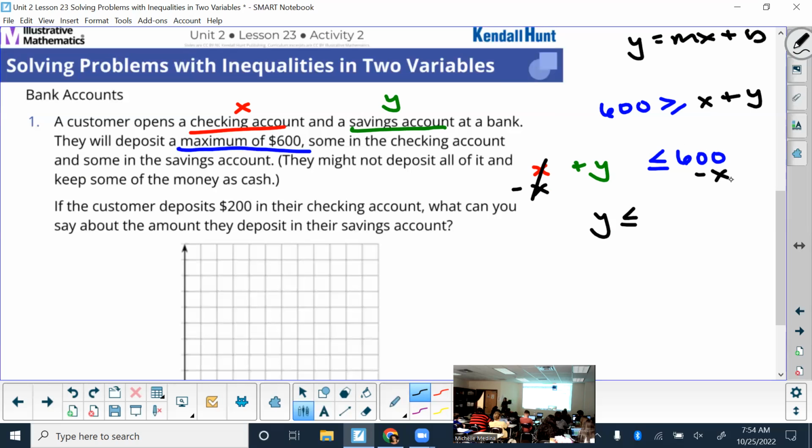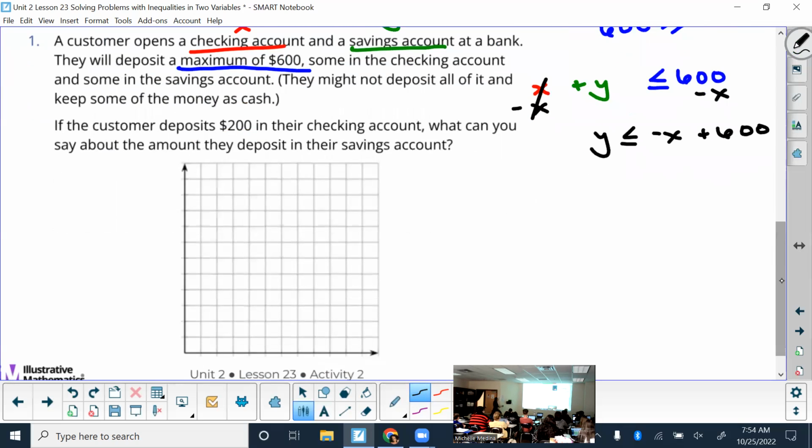And are these like terms? No, one has an x, the other one doesn't, so just rewrite it. So then what's my y-intercept? 600. Notice this isn't labeled. How should we label it? 400. Well, that's fine.